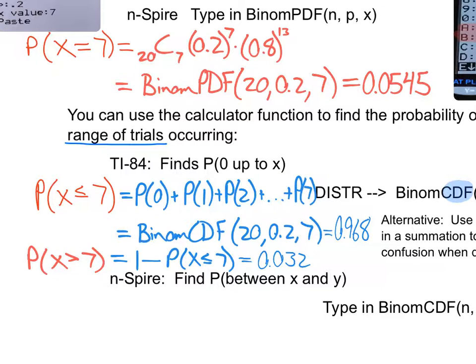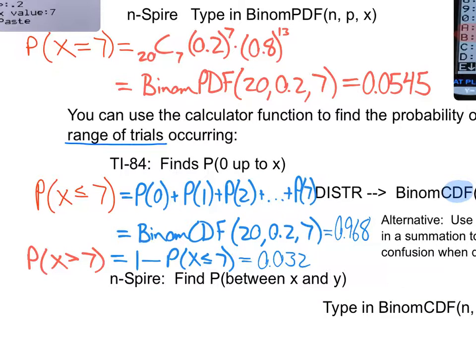I got a different answer than 0.968. Did you use binomial CDF? Yeah. Oh, never mind. I made a mistake. Okay, that's okay. That's why all of you have got to get your calculators out and be doing this, because you've got to get used to working with this. Is it binomial CDF?